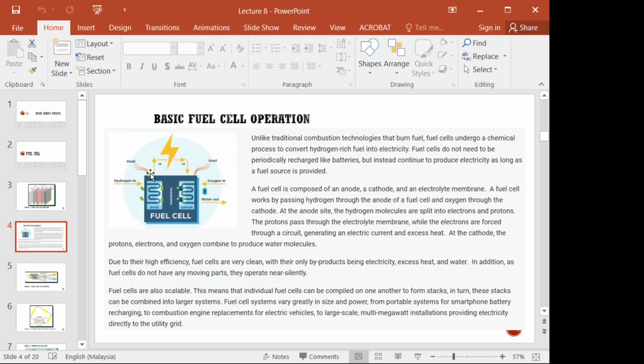That's how the electrical energy is generated, via the transmission of electrons.